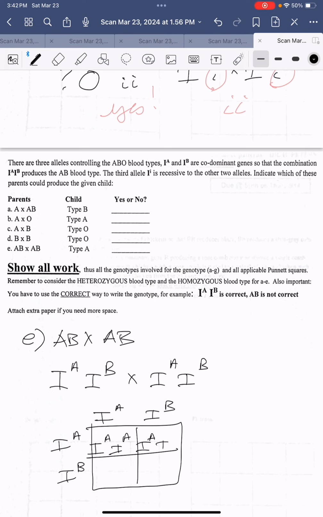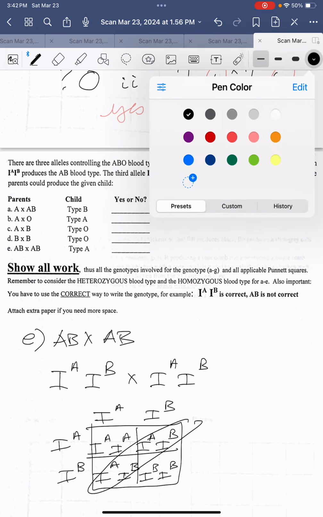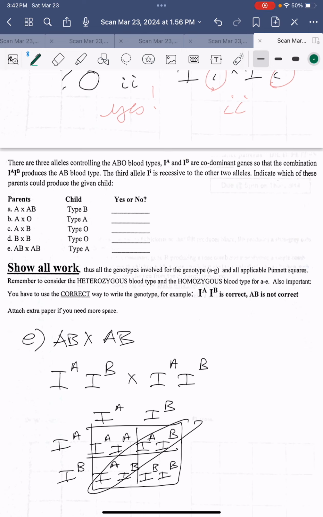It is possible to have type AB blood in those two scenarios over there. And then it is also possible to have type B blood. So a summary would be type A blood is possible, type AB blood is possible, and type B blood is possible. So the answer here to E is yes.